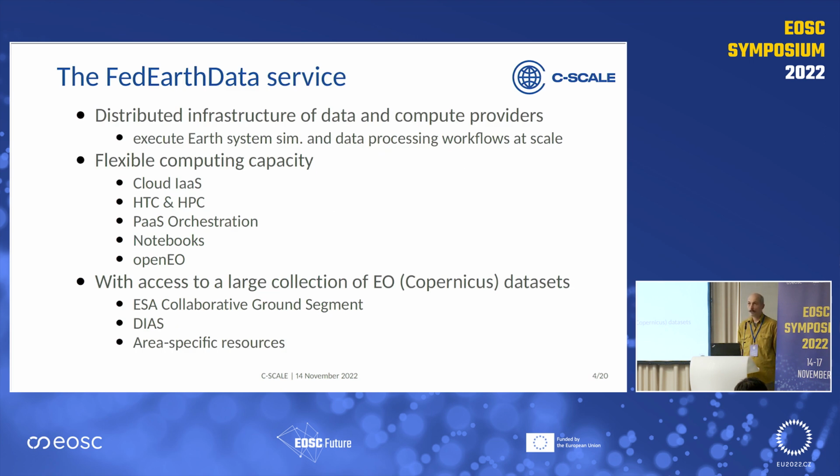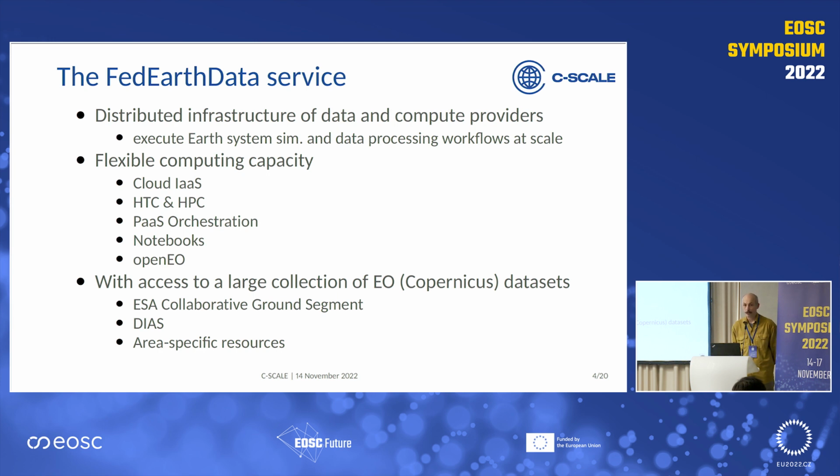For the C-SCALE federation, the resources that we want to federate are of several kinds. There are computing resources, mainly cloud and batch processing resources, high performance or high throughput computing, and also data resources, specifically Copernicus or Earth observation data, and mainly those coming from ESA's Sentinel satellites.